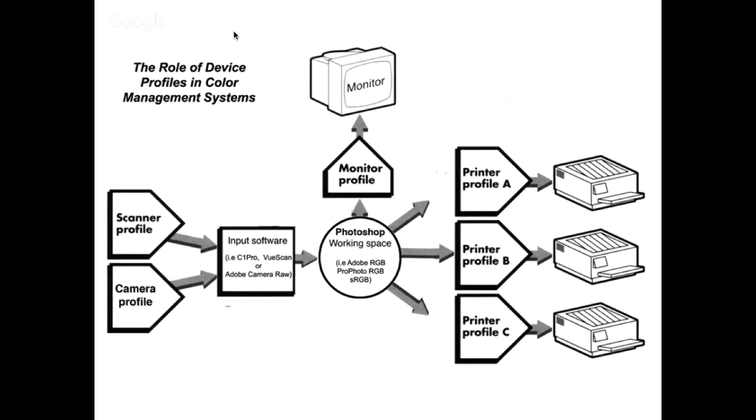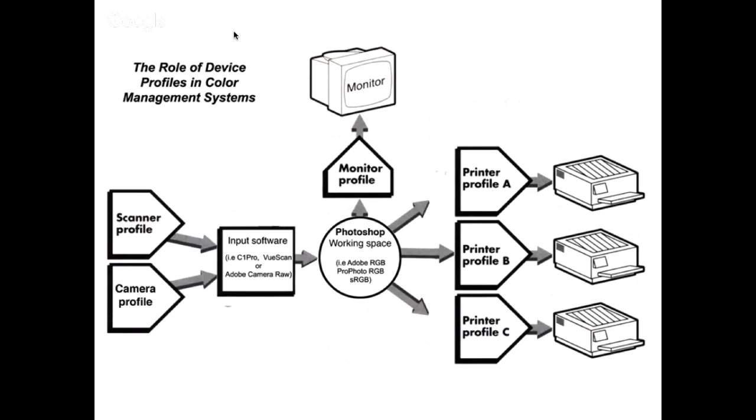This is how I can give you a copy of my file. Because it is in this space, and this is a mathematical space that is not device dependent, I'm giving you an unambiguous file. You are profiling your monitor and using it in a calibrated environment, so you are looking at the same thing that I'm looking at, because we are both looking at profiled monitors.